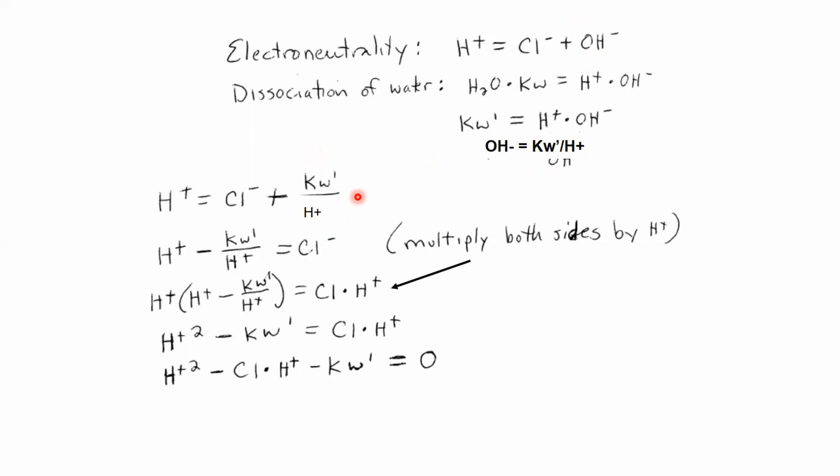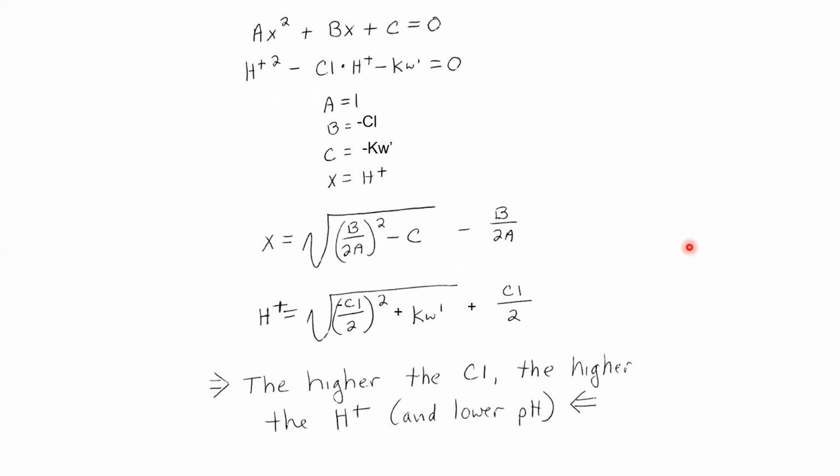And then if you solve for chloride, you have H plus minus Kw over H plus equals chloride. Multiply both sides by the hydrogen ion concentration, and eventually, and it's not too important how you get there, you come up with this polynomial. How do you solve a polynomial? You use the quadratic equation.